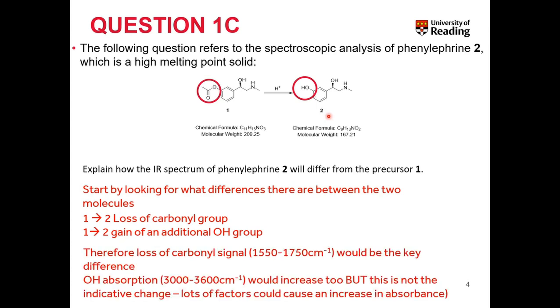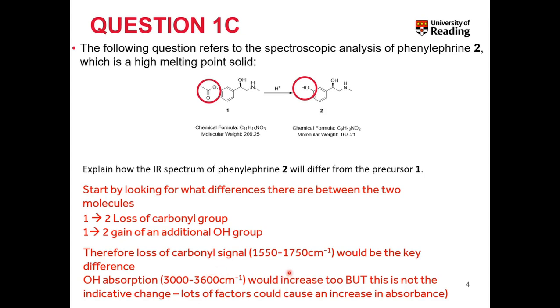And so the answer to the question that I would expect is for you to state that there is a loss of carbonyl signal between 1550 to 1750 wavenumbers, and that this would be the key difference. So there would be no carbonyl signal in compound 2, but there would in compound 1. I would also expect you to say that the OH absorbance between 3000 and 3600 wavenumbers would also increase.